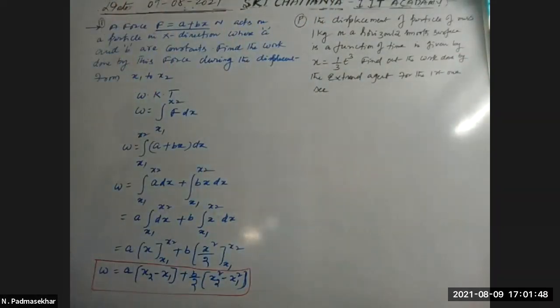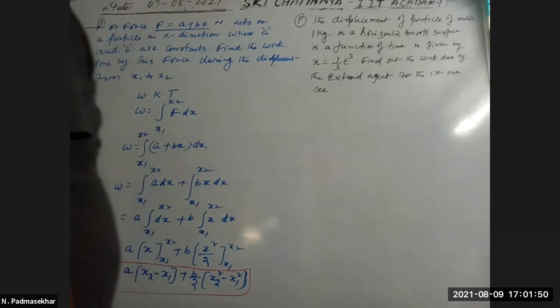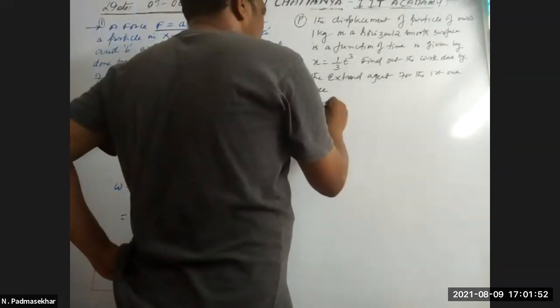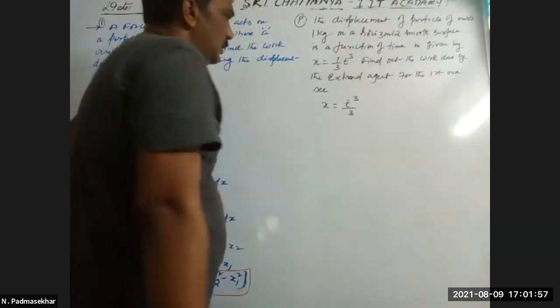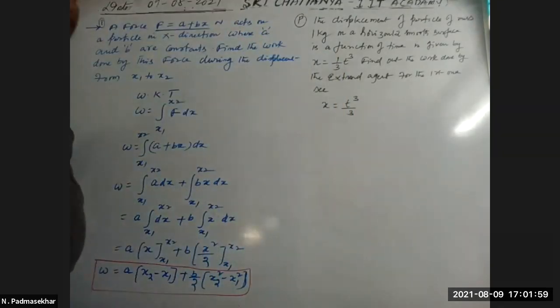So first, the displacement is given: t cube by 3. This is the displacement.